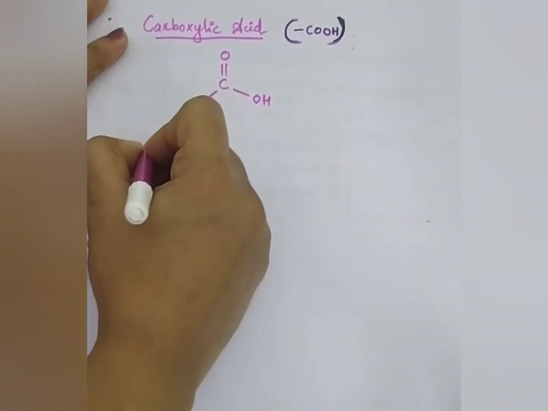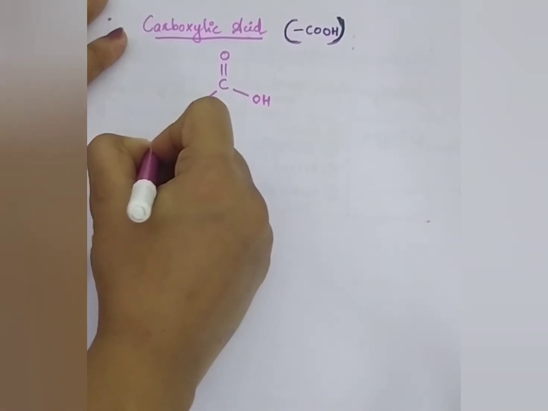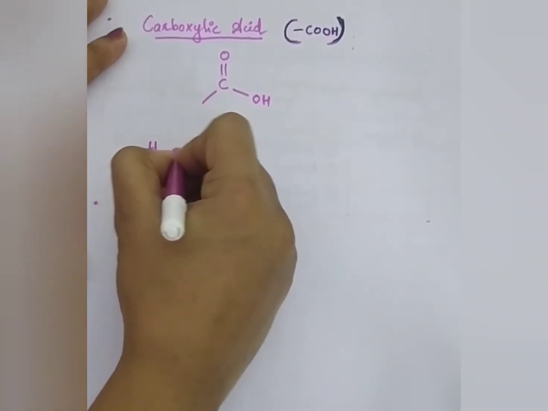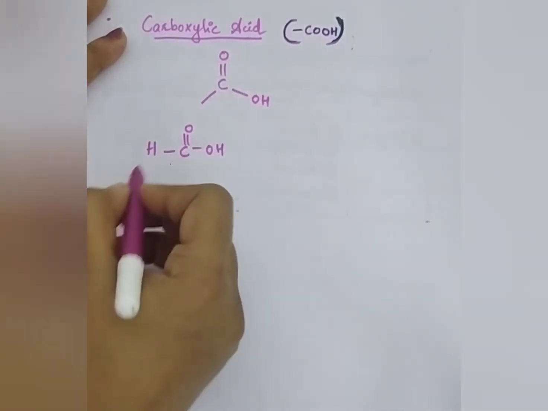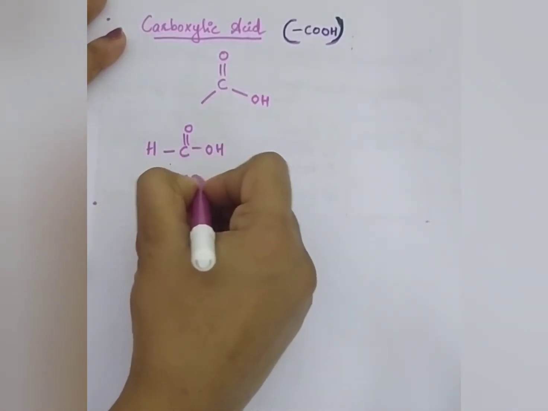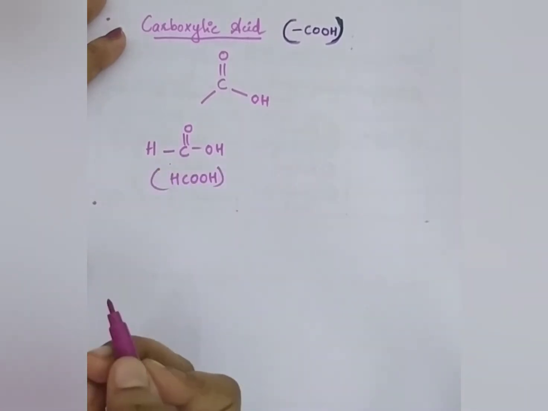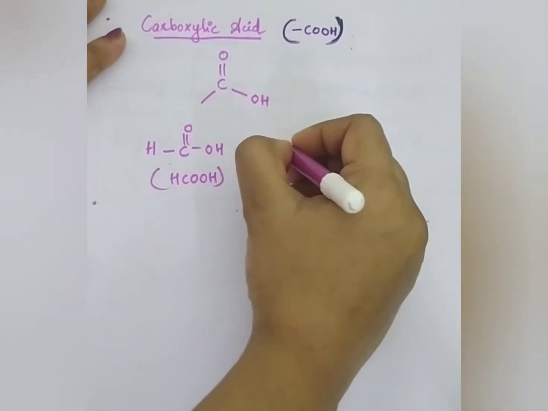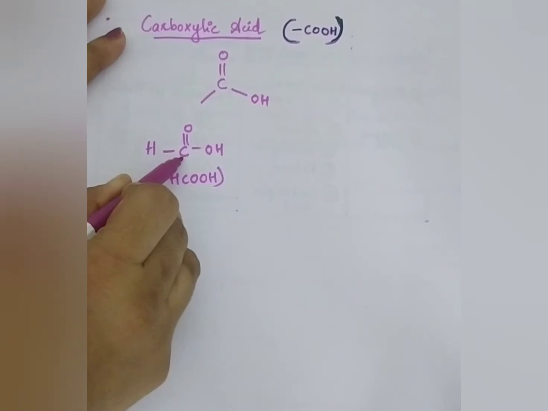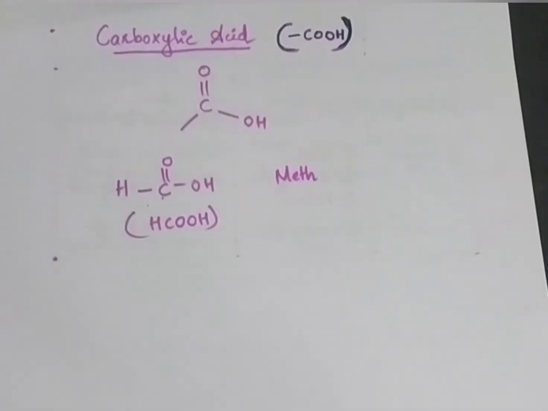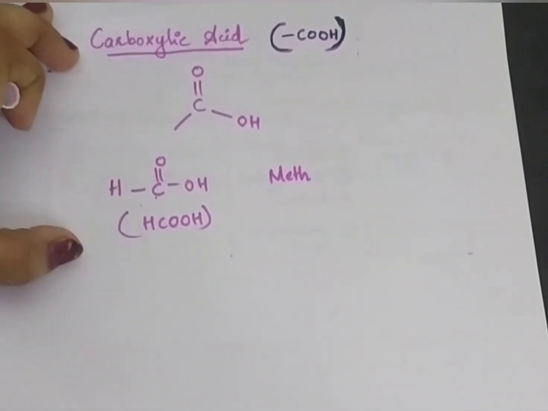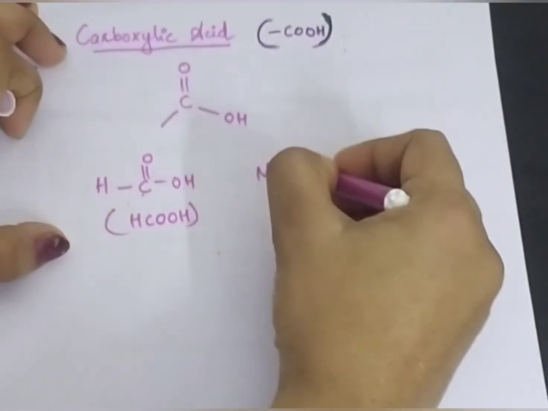Let's see one example. The valency of that carbon is attached to hydrogen here. So it becomes HCOOH. There is only one carbon atom, so it is meth. So it is written as methanoic acid.